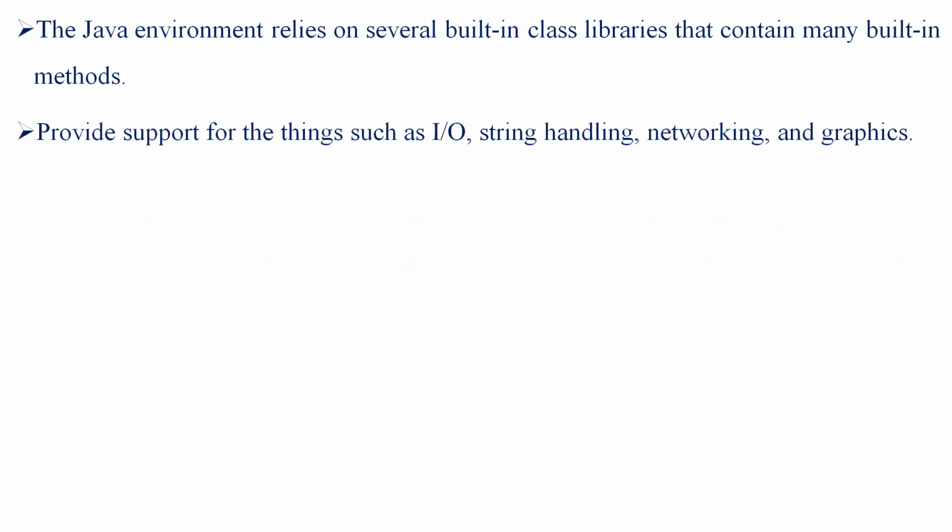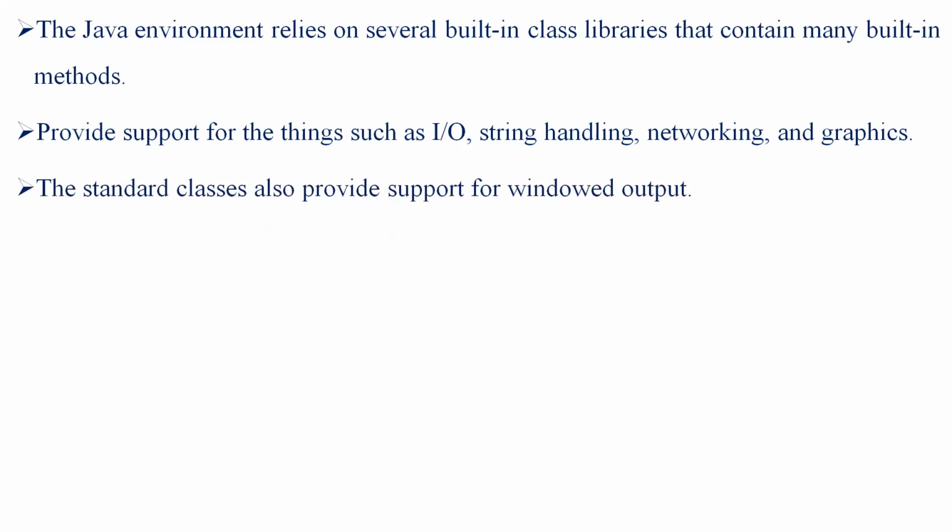These Java class libraries provide things like input output operations, string handling tasks, networking, and graphics or animation. They support n different tasks, which include string handling mechanisms, animation techniques and more.